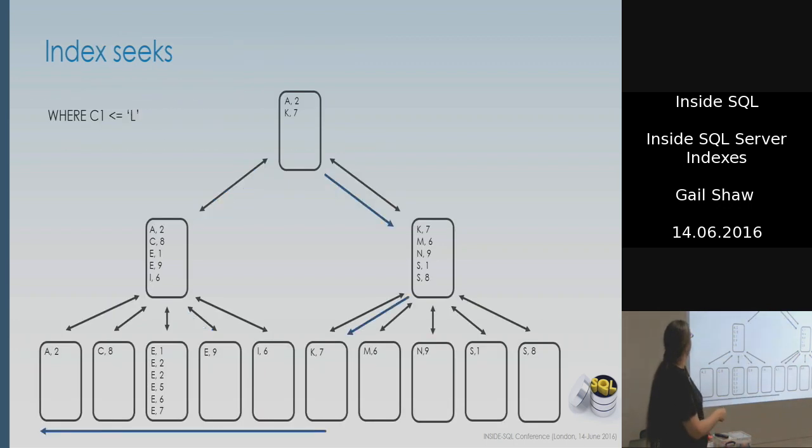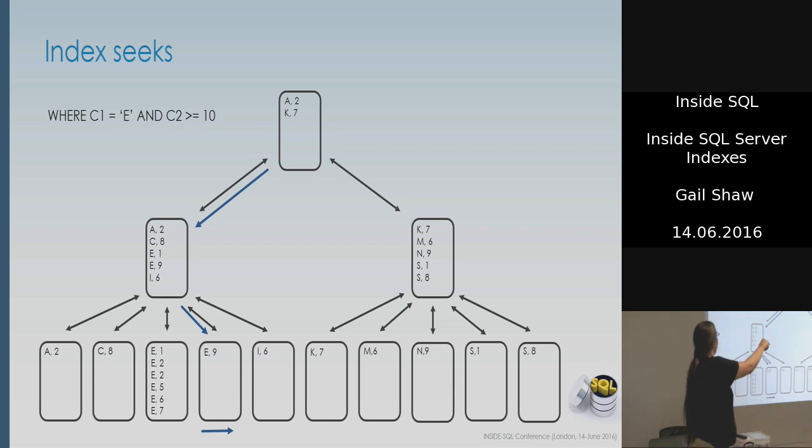So if we go back to this one, this search for E and the start of the range, those both are seek predicates because I'm seeking down the tree to the start of the range and reading. This one would have no residual predicates being applied to it. But if I tried that query on the same index, I would get down to M as a seek predicate, and then the filter for C2 equals 4 has to be applied as a secondary predicate. Cannot be applied as part of the seek.